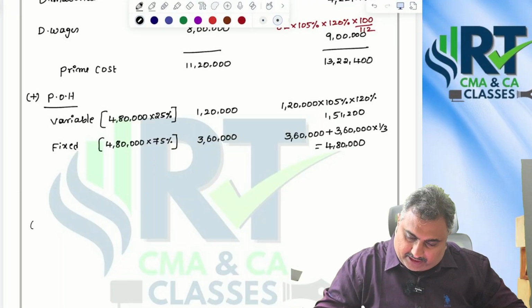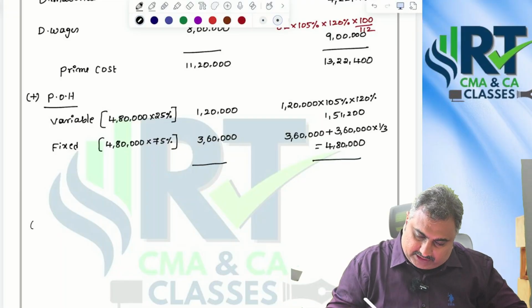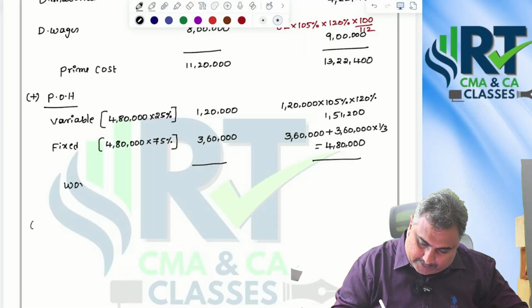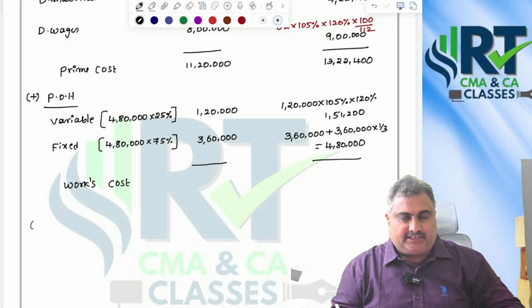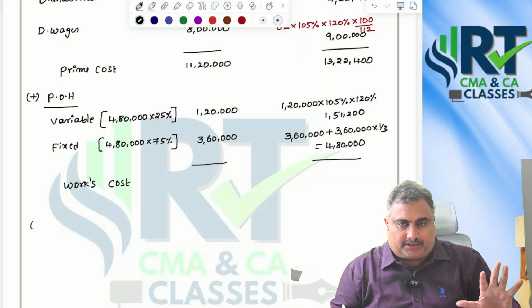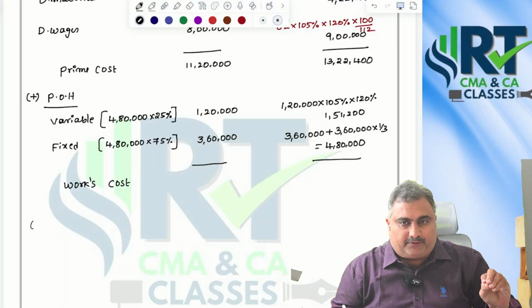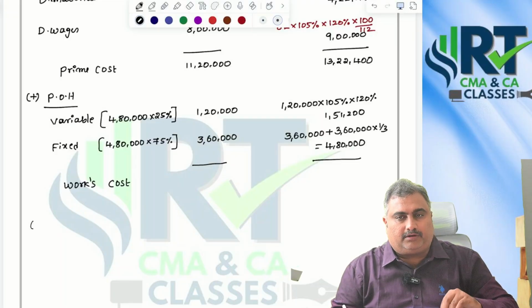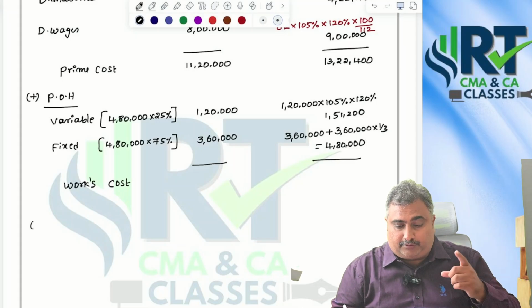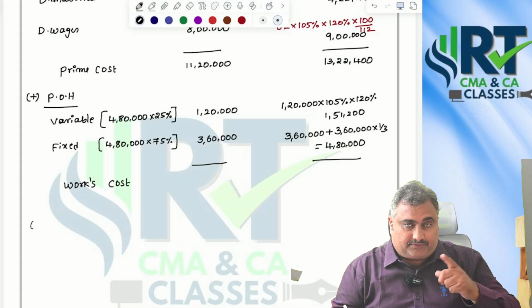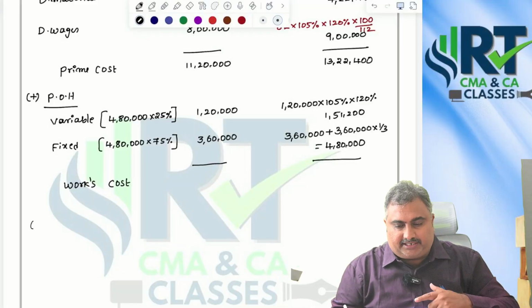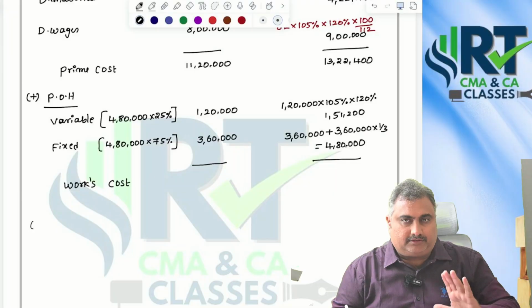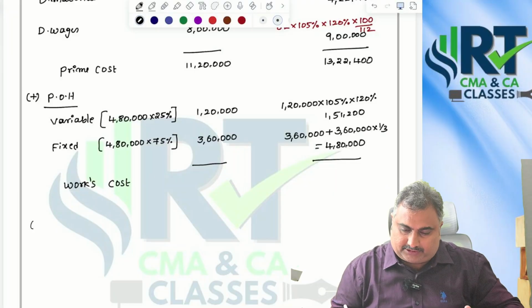So now, after adding this, no other adjustment, straight away you are getting works cost. That's the reason I said, if you are CA or CMA, you can solve this particular problem, and it will be helpful, especially for CA Inter people. These kinds of questions will come even in budgetary control or later topics also. That's the reason solve these kinds of questions.